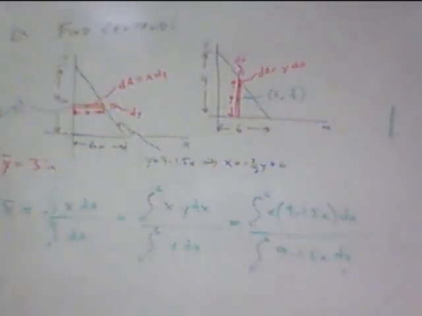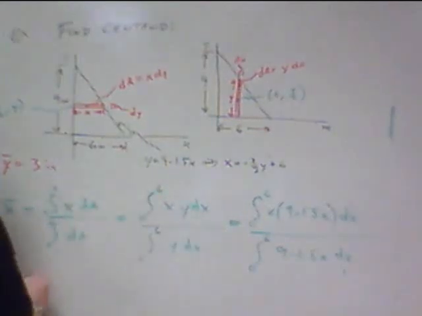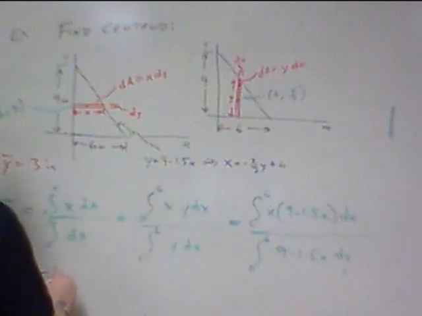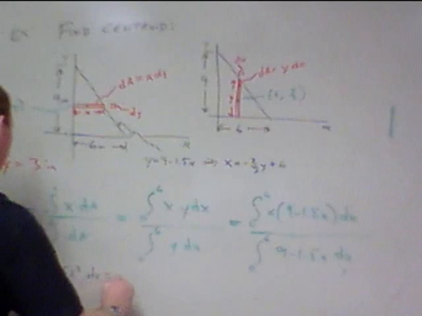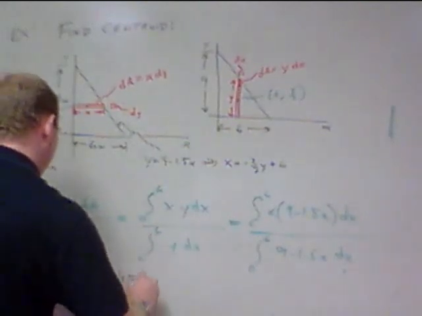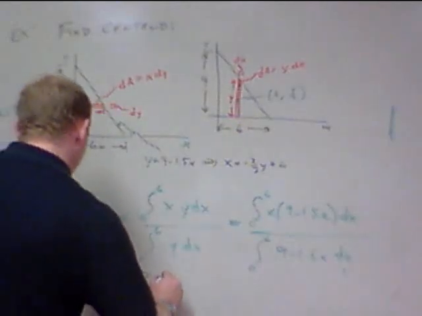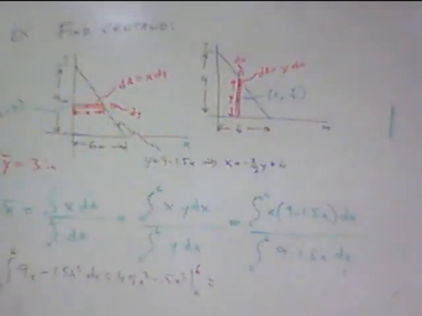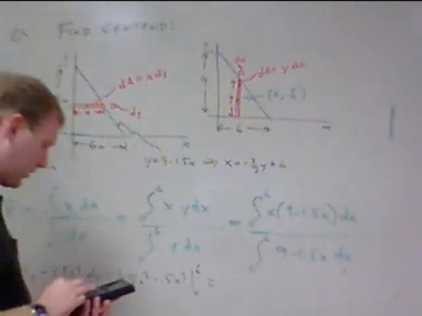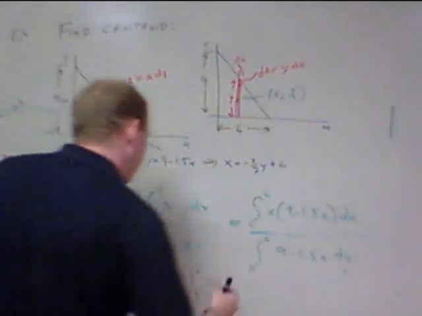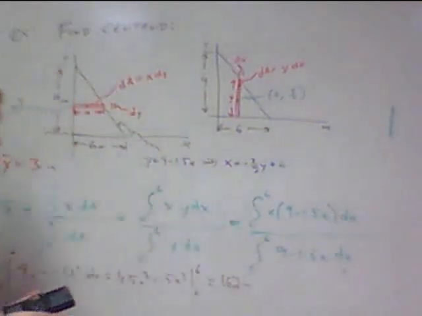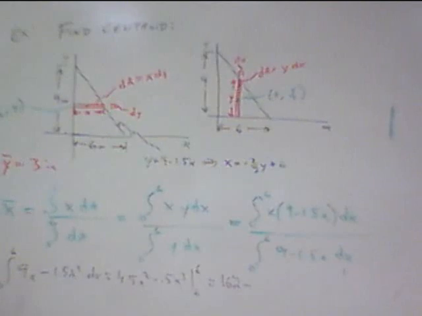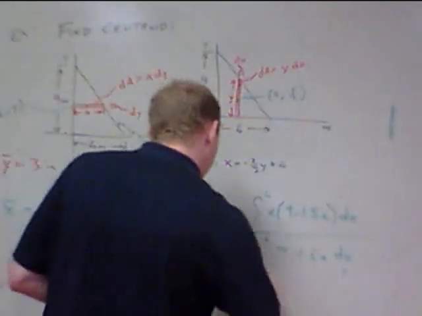Evaluating top and bottom here, I will do this a little bit more quickly. The numerator is the integral from 0 to 6 of 9x minus 1.5x squared dx, which equals 4.5x squared minus 0.5x cubed, integrated from 0 to 6. 36 times 4.5 is 162, minus 0.5 times 6 cubed, 216, that's half of it is 108.